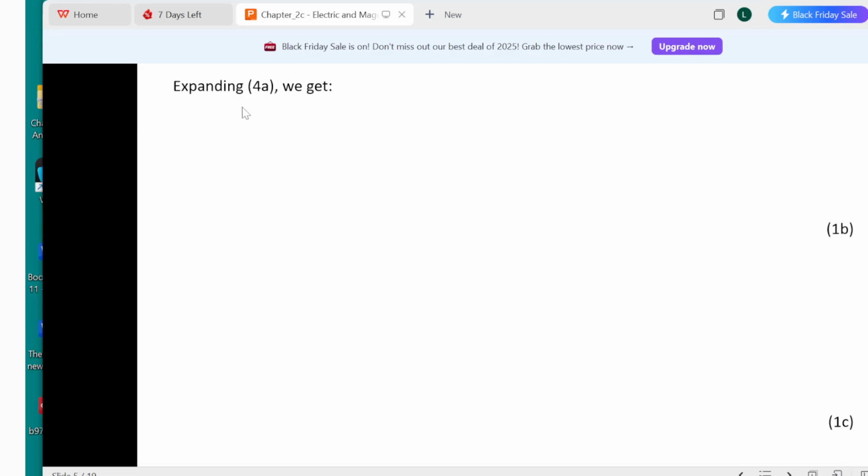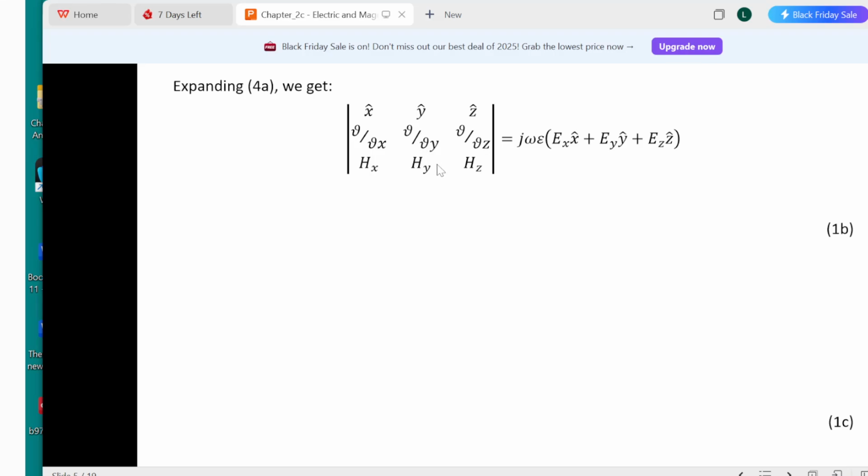So if we expand the equation for Ampere-Maxwell law, we will get this.